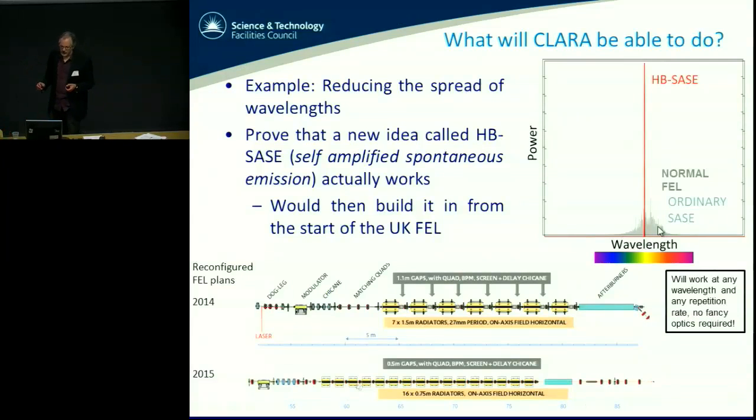I'm not going to try and explain how this works. Suffice to say that it's a new technique that will involve us redesigning the undulators planned for CLARA from here to look like this down at the bottom. And you should get this very pronounced, highly monochromatic spike, an increase in power intensity in a very defined narrow wavelength.